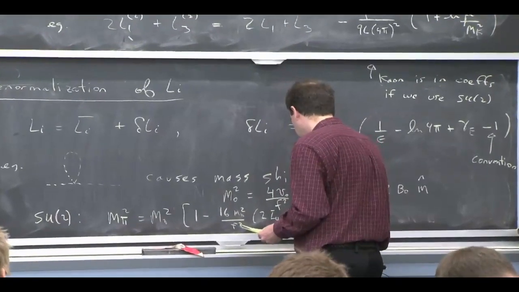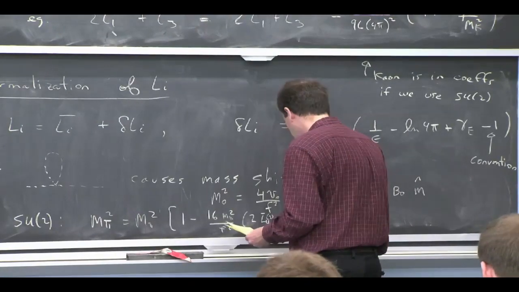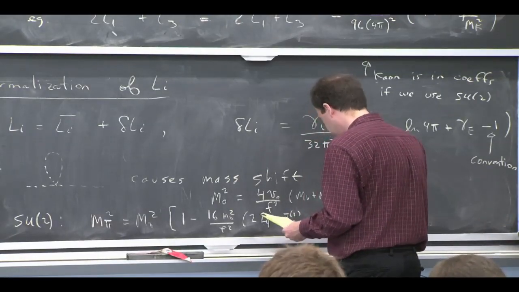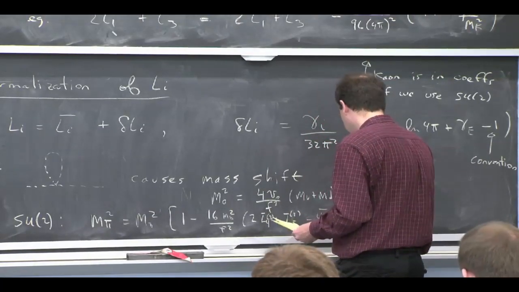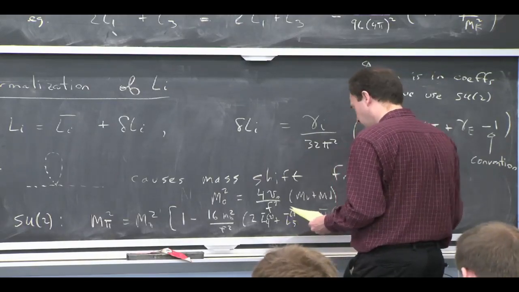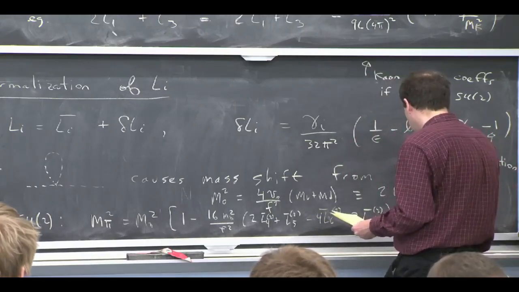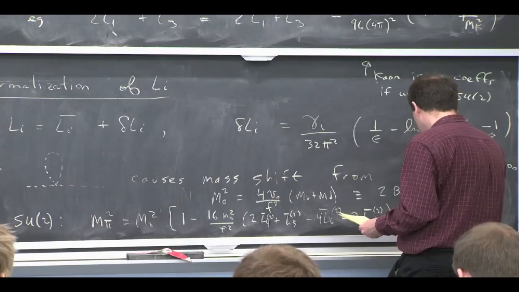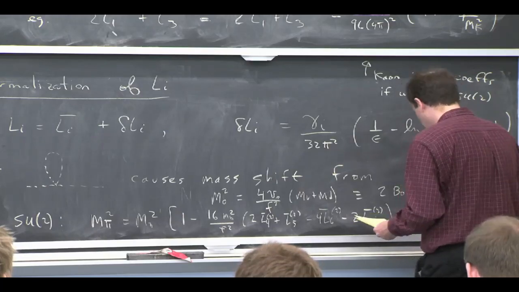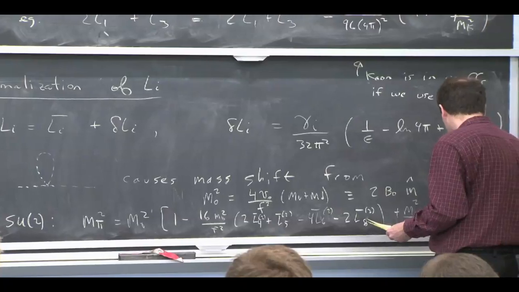So 2 L4 bar, in theory 2, with 2 flavors, SU2, plus an L5 bar, minus 4 an L6 bar. So these various coefficients are coming in with some numbers in front, some combination of them. And then there's some contribution from a chiral loop. And if I take away that 1, it's just a chiral logarithm. So this is 4 pi f squared log m0 squared over mu squared.